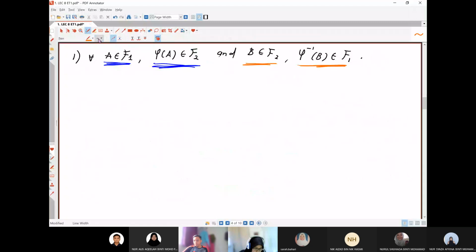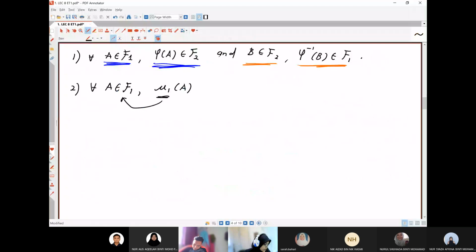Okay, next, property number 2. For any set A taken from sigma algebra 1, we have the measure mu1 of A. Sebab A taken from the F1, so that means kita kena guna measure 1 lah.